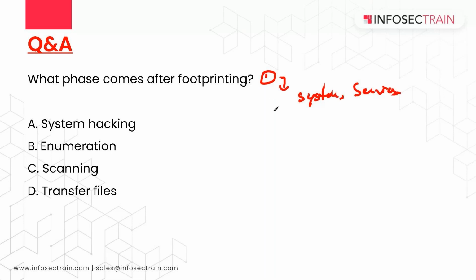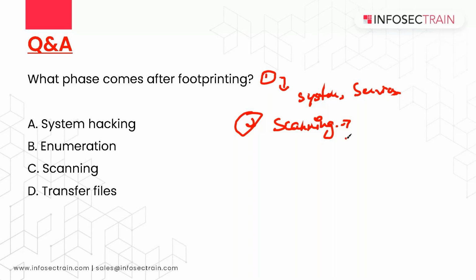So for that, we are having the second step, which is scanning, right? In which we will be trying to gather the information about the victim, like whether his system is live or not. Live means whether it is connected to the internet or not, right? Whether it is powered on or not, right?